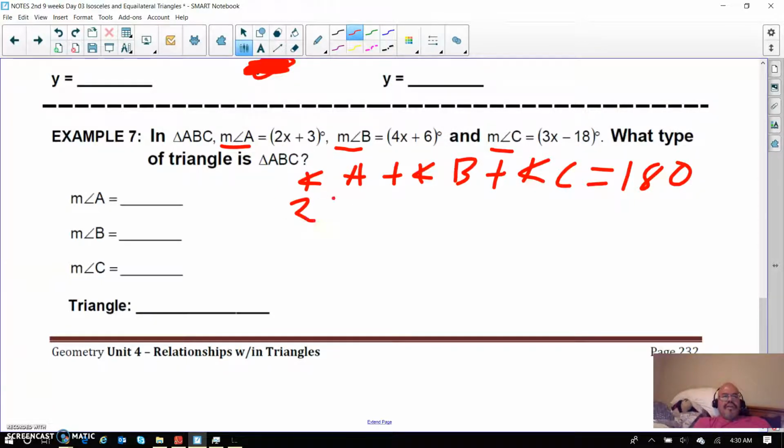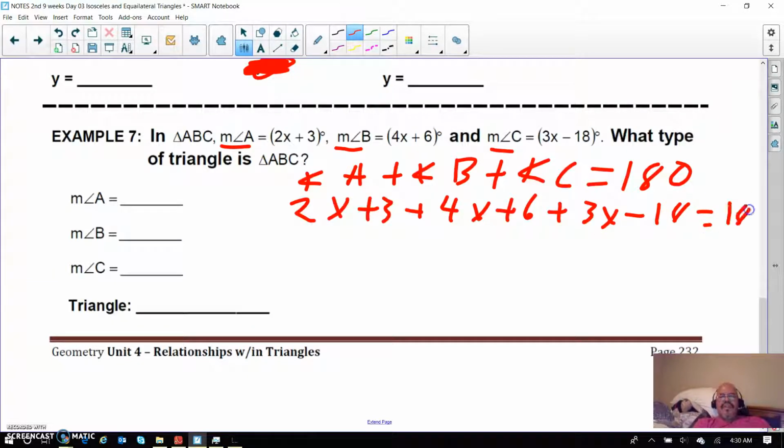So we have 2x plus 3 plus 4x plus 6 plus 3x minus 18 equal to 180. 2x plus 4x is 6x plus another 3x, so that's 9x. 3 plus 6 is 9, minus 18.